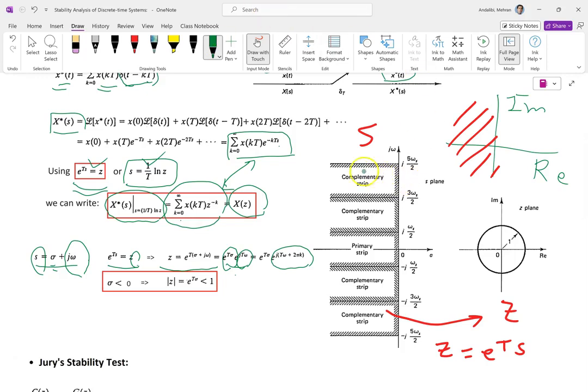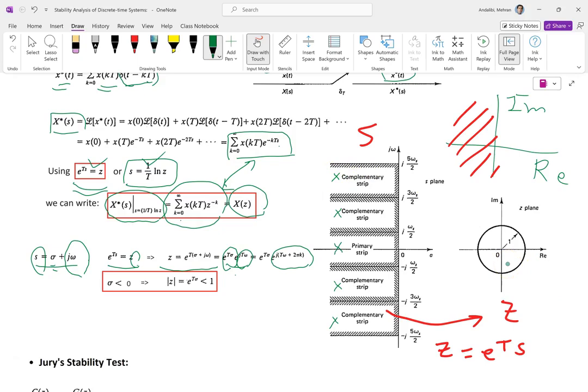If my point is here, or right above it with a 2 pi increase in frequency, or 4 pi, or negative 2 pi, or negative 4 pi, all of these will end up being the same point in the z-plane. So going from s to z is not one-to-one. There are infinitely many s values for which z is a single value.